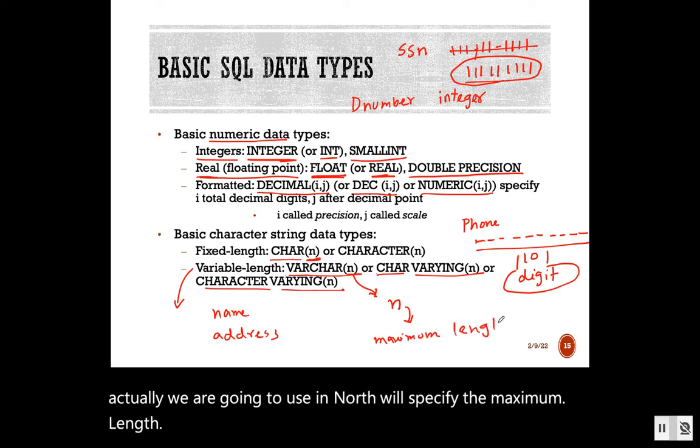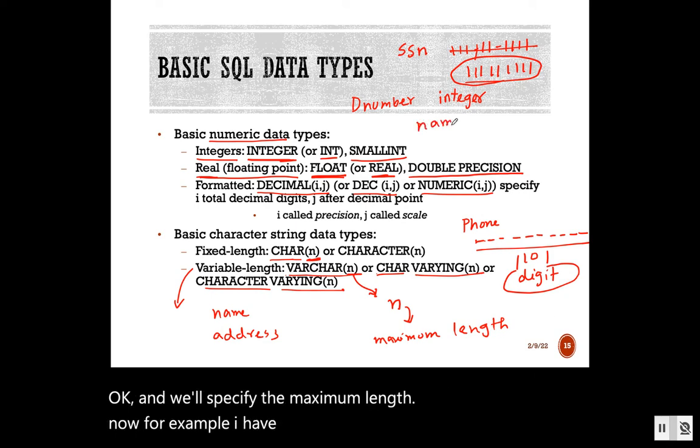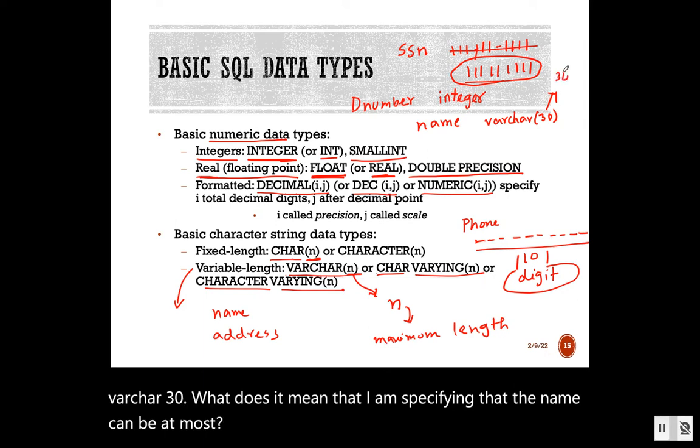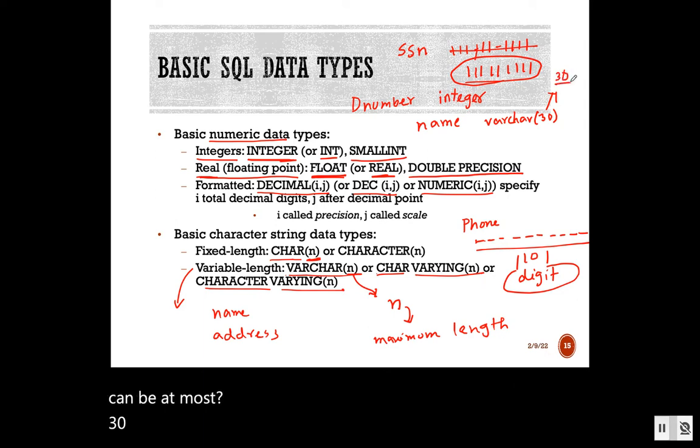For example, I have an attribute name. I can specify that as varchar(30). That means the name can be at most 30 characters.